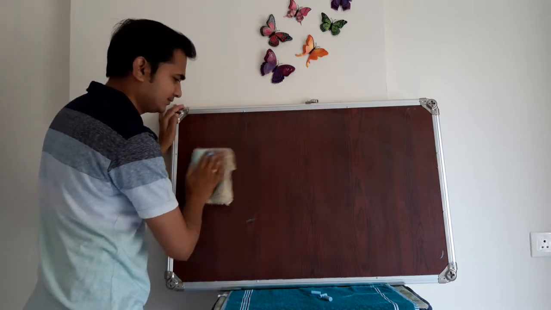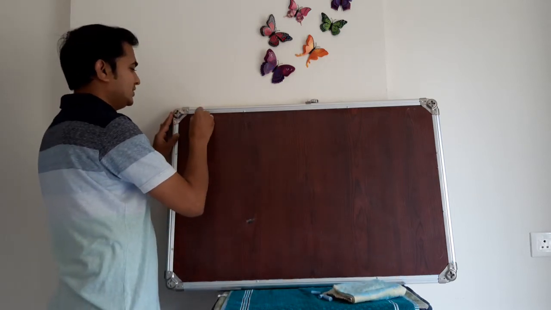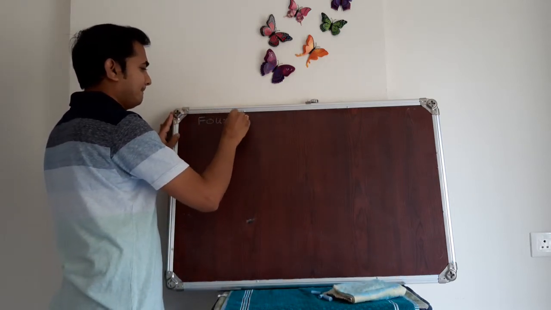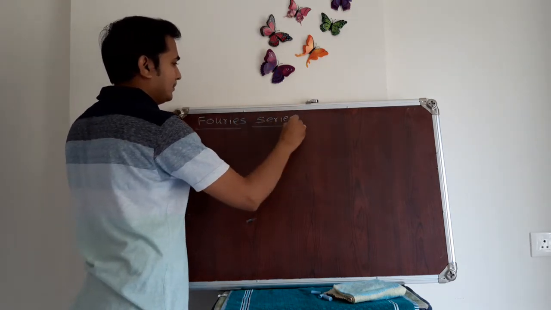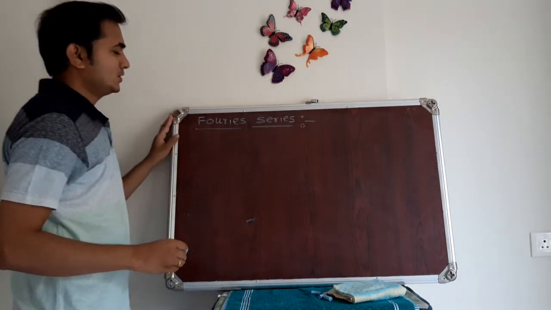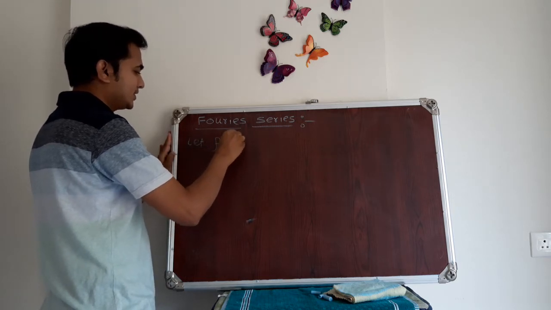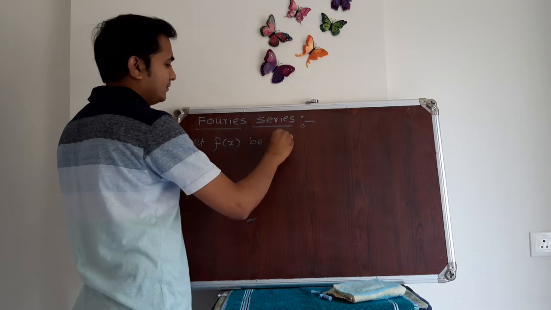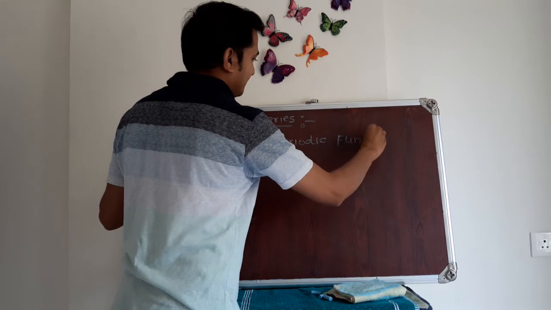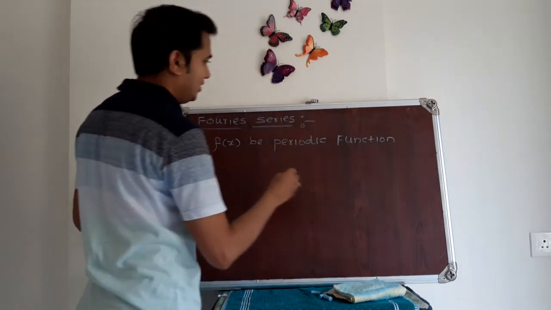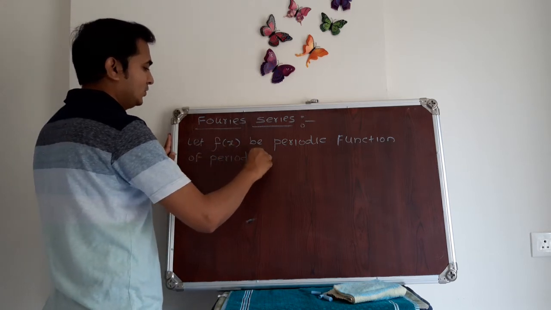So Fourier series. Let f of x be a periodic function of period 2L.